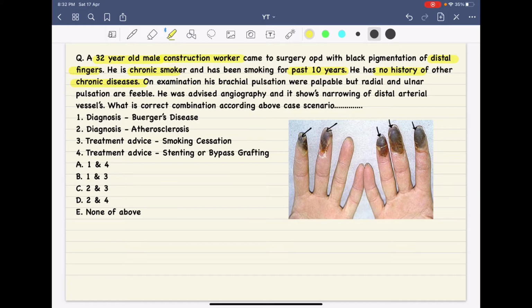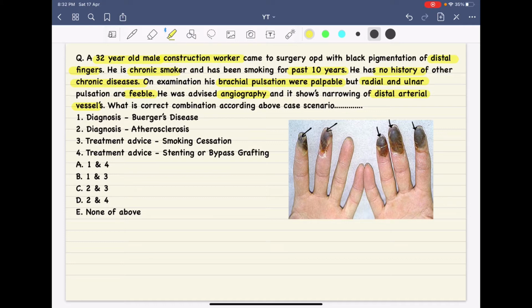On examination, his brachial pulsations were palpable and radial and ulnar pulsations are feeble. He was advised angiography and it shows narrowing of distal arterial vessels. What is the correct combination according to the above case scenario?